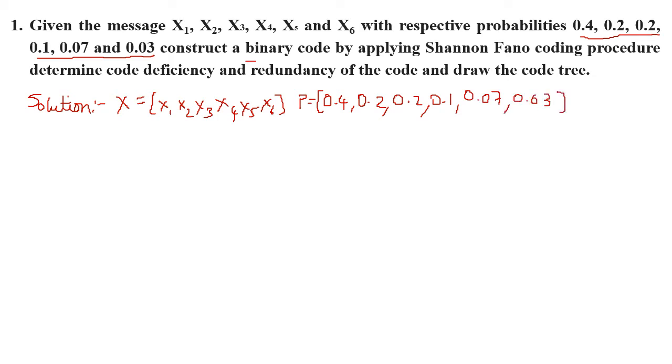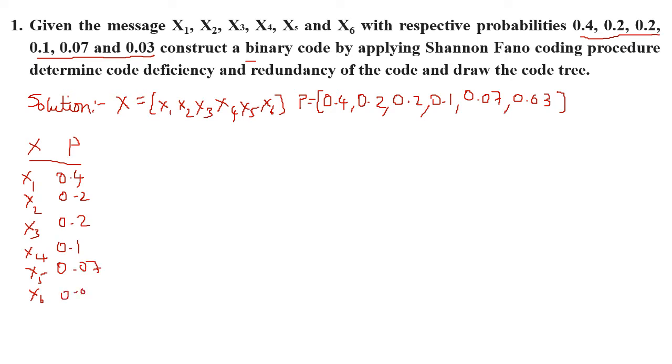The first step is arranging the given symbol probabilities in decreasing order, which is as given in your problem. So we'll write the symbol x and the respective probability: x1, x2, x3, x4, x5 and x6, which is already in decreasing order, with probabilities 0.4, 0.2, 0.2, 0.1, 0.07 and 0.03.